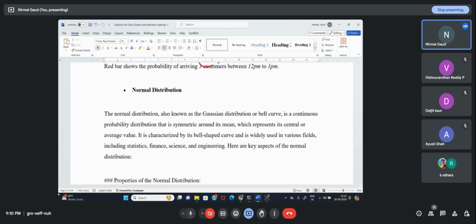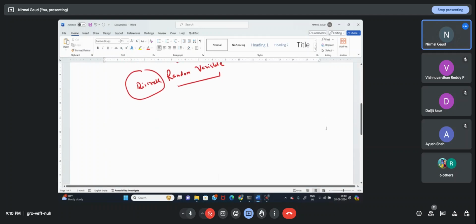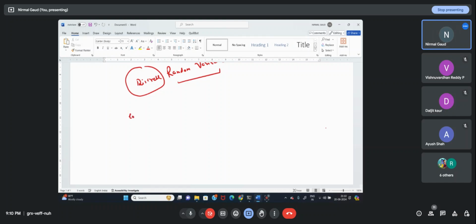Okay. Now, one more thing. In continuous distribution, I told you that it is very important because most of the real world problems are continuous in nature. If you talk about signals, they are continuous in nature.